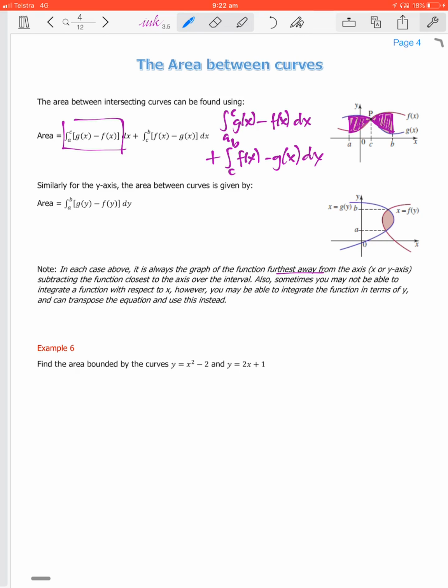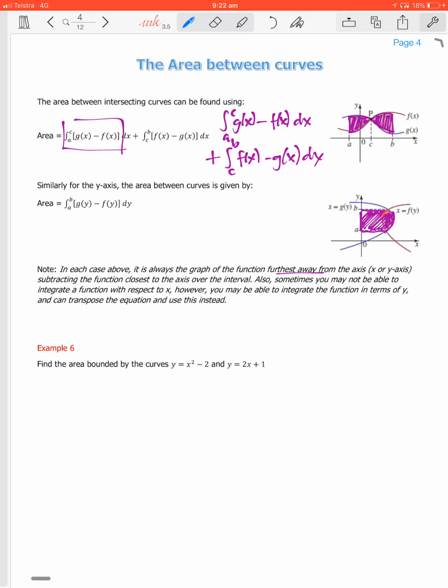Okay. Similarly for the y-axis, if we want to find the area between two curves, and we wanted the area under g of y, we would integrate from A to B, so it would give us that whole area.